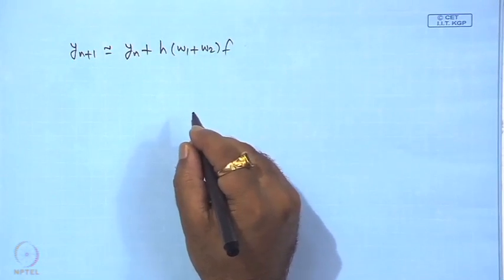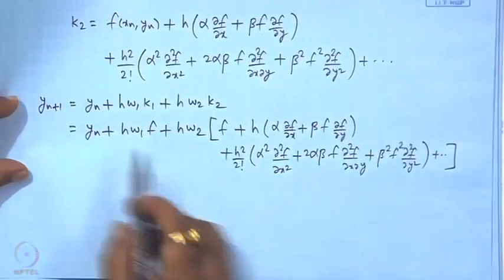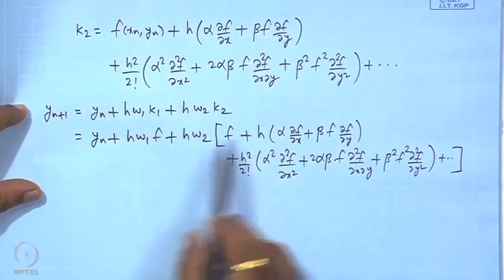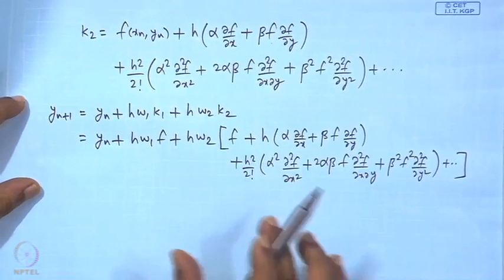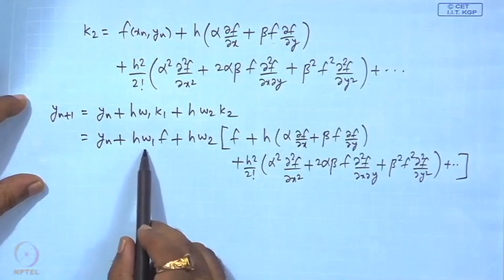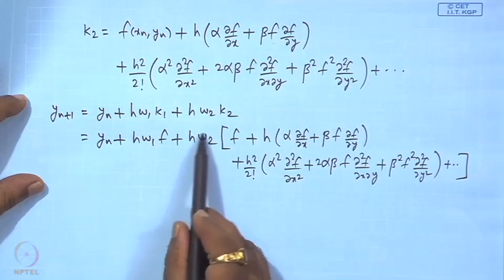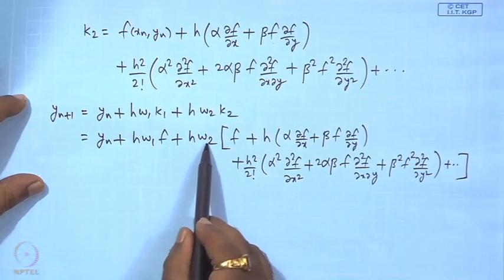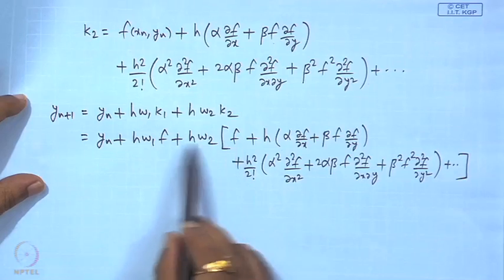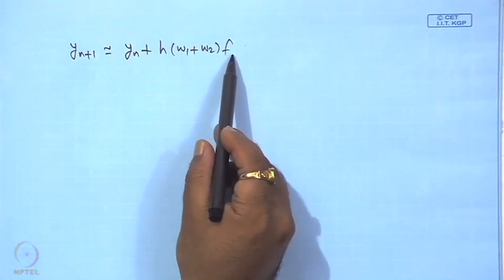Let me explain how we get this. Look, see, our aim is to put it in a Taylor series form. So, coefficient of h square, etcetera. So, look at this, you have one term here and with h W2 you have one f. So, if you take common, we get exactly this term.